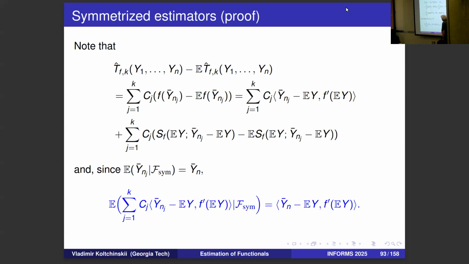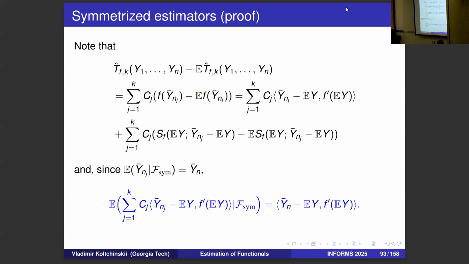Then, in order to say something about the symmetrized version, we will need to take conditional expectation of both sides with respect to our sigma algebra of symmetric events, okay? And a simple observation tells you that the conditional expectation of the first part will be just equal to this. Why is this the case?